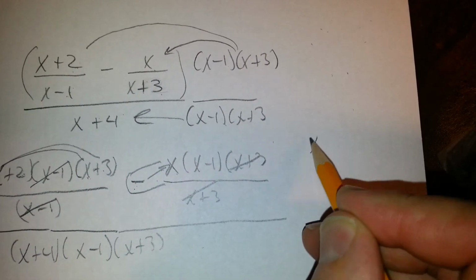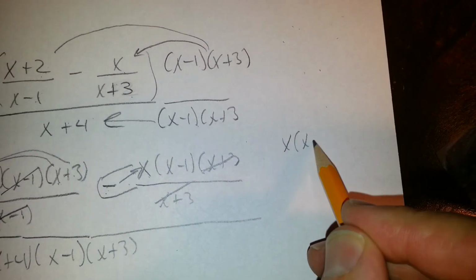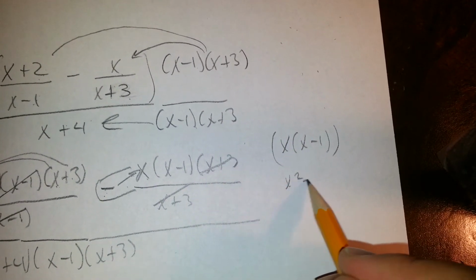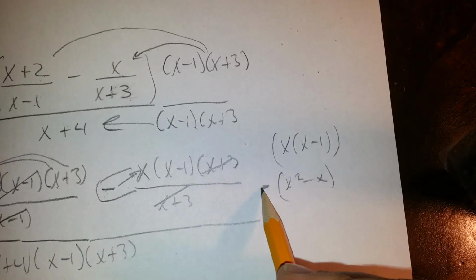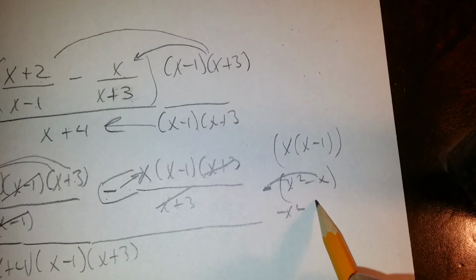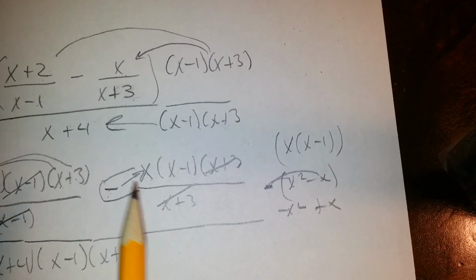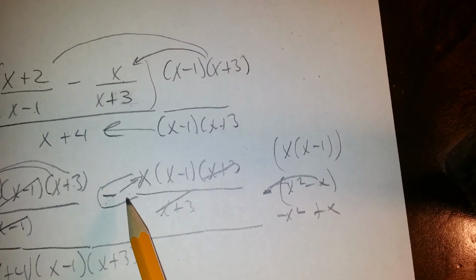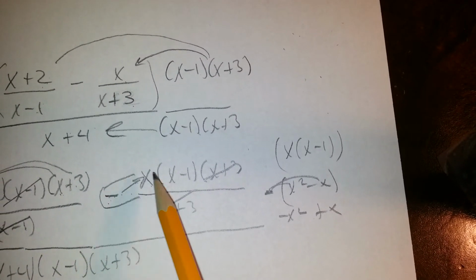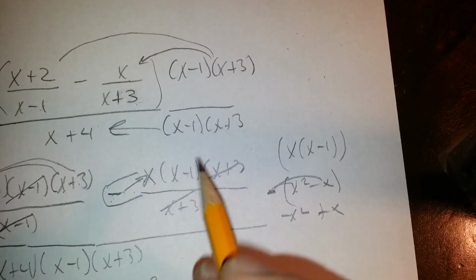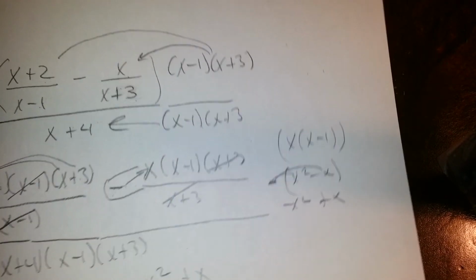Another way to do it is just do x times x minus 1 and group that in parentheses and get x squared minus x, and then distribute this to make that negative x squared and plus x. But here, I'll take care of it now because I'm attaching that negative here. This is just six of one, half a dozen of the other. Negative x times x is minus x squared. Negative x times negative 1 is plus x, okay?